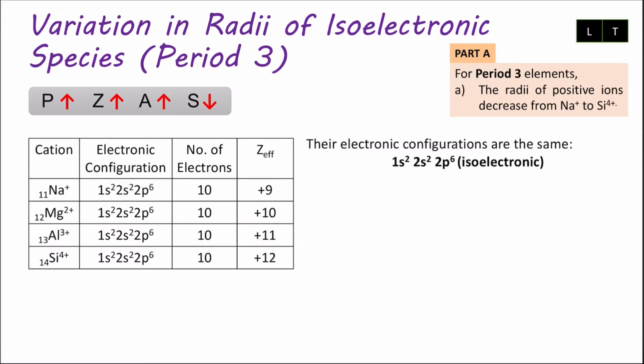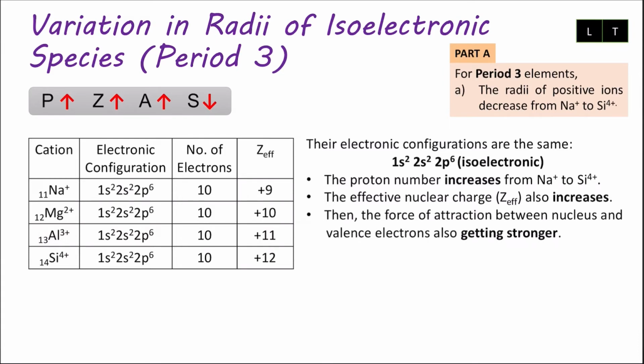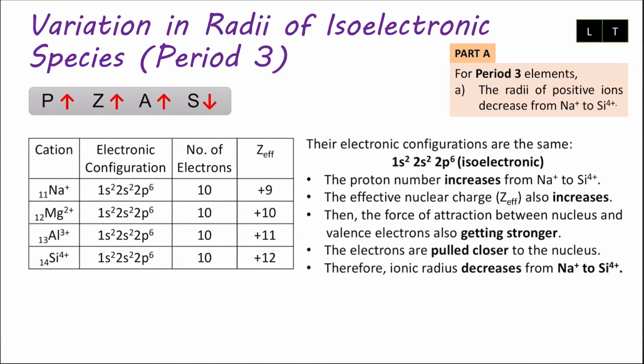Next, we will continue with the proton number. So proton number increases from Na+ to Si4+. You can see from here, 11 proton number until 14 proton number. Then ZEF also increases. Next, the attraction between nucleus and valence electron becomes stronger. So electrons are pulled closer to the nucleus, hence ionic radius decreases from Na+ to Si4+.